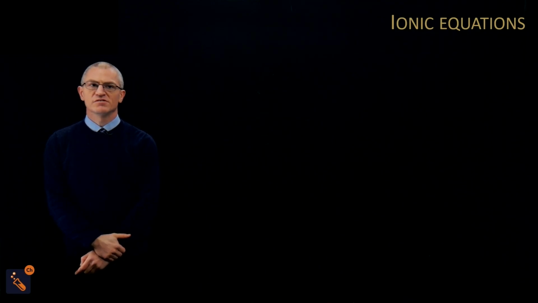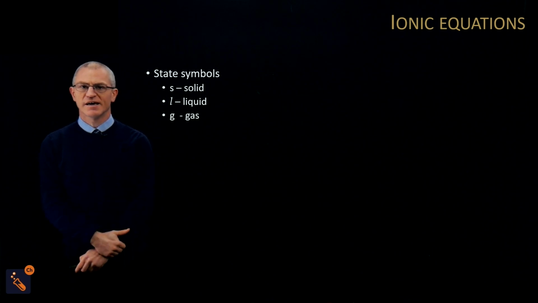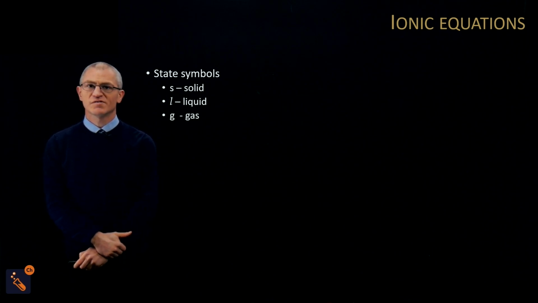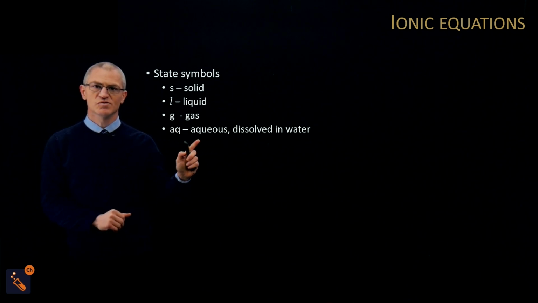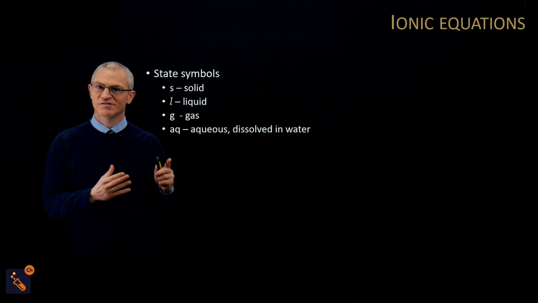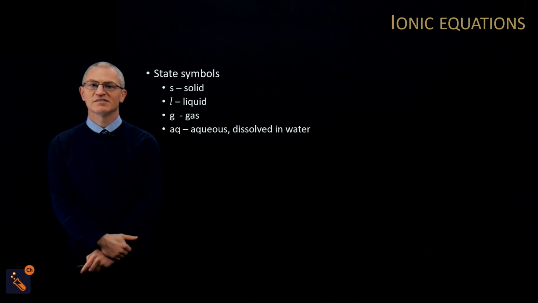We're now moving on to ionic equations and how to draw them. First of all, you need to know the state symbols: S meaning solid, L meaning liquid, and G meaning gas. One of the most frequent ones is actually AQ, which is aqueous. If it's dissolved in water, and all ionic compounds generally dissolve in water, and all the acids and alkalis will be aqueous as well.